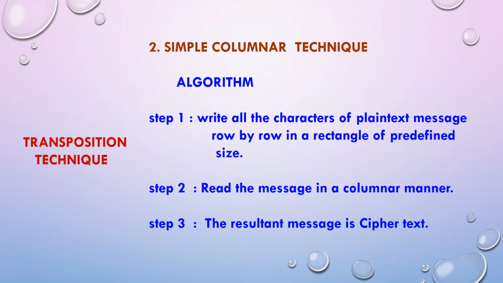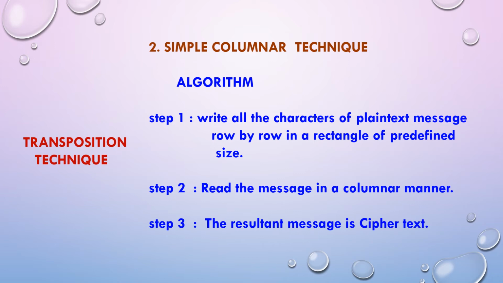The important thing to be noted here is, for reading the message, it need not be in the order of columns. It can be any random sequence. Now we will see the algorithm steps. Step number 1.